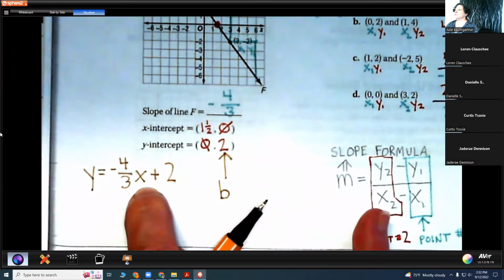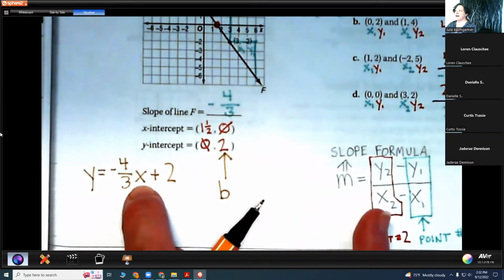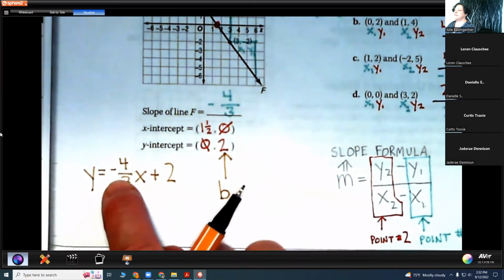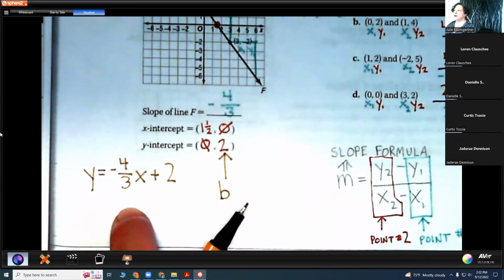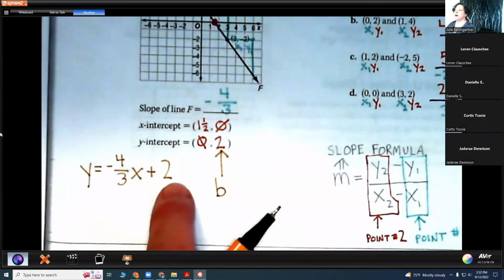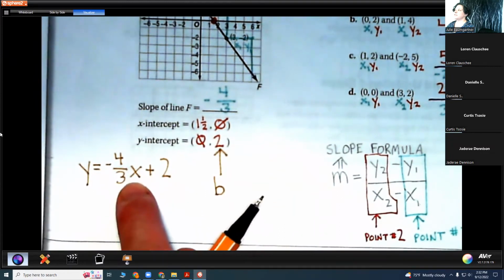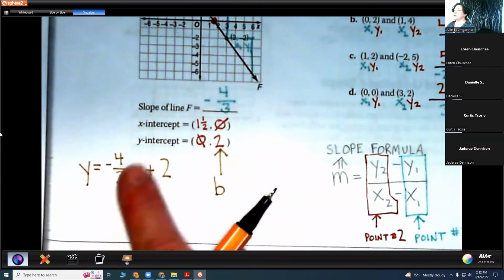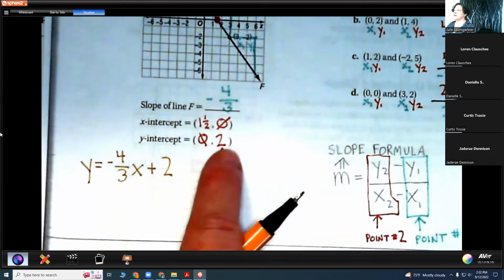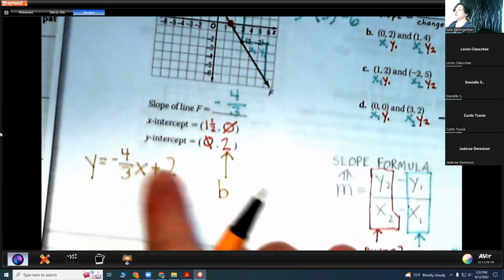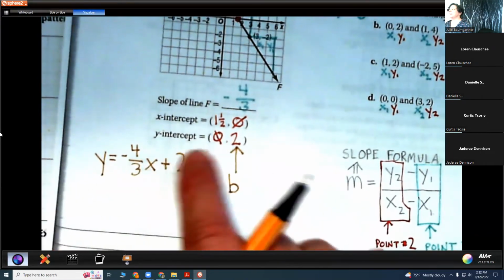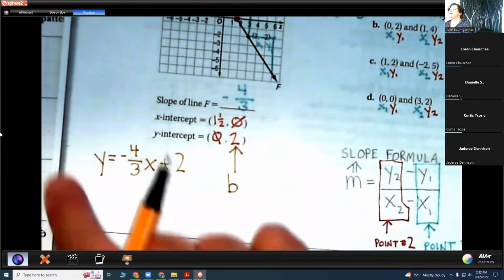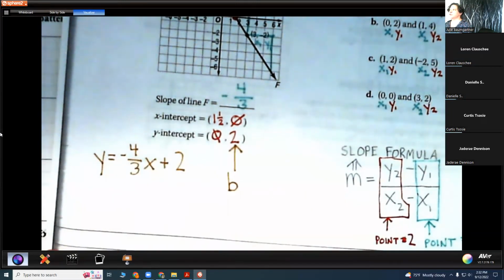So when x is 0, 0 times -4/3 is 0. So y equals +2. If we plug in 0 for x and 2 for y, then that equation is true.